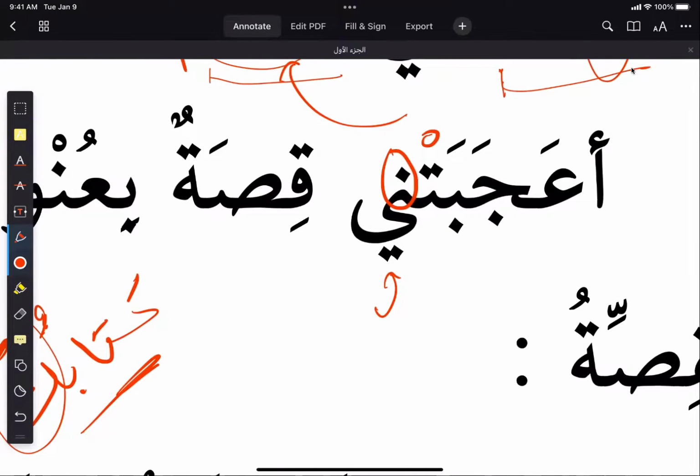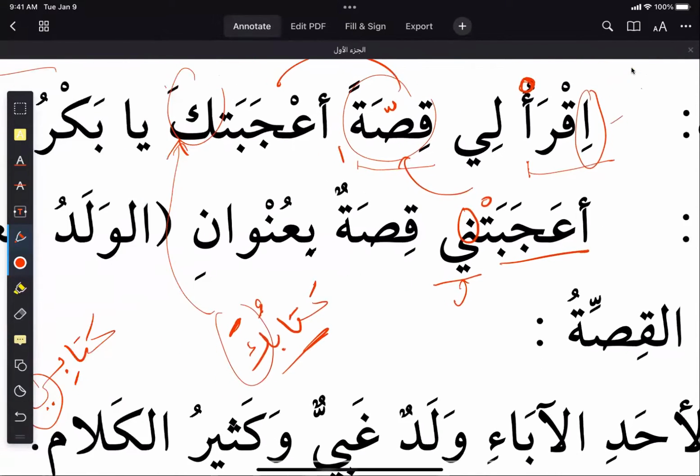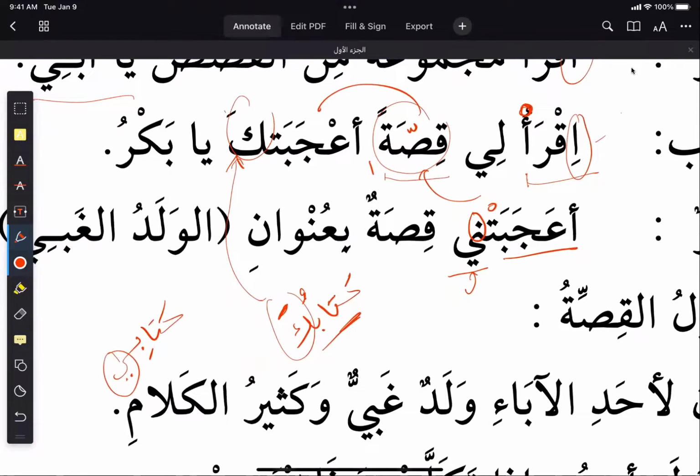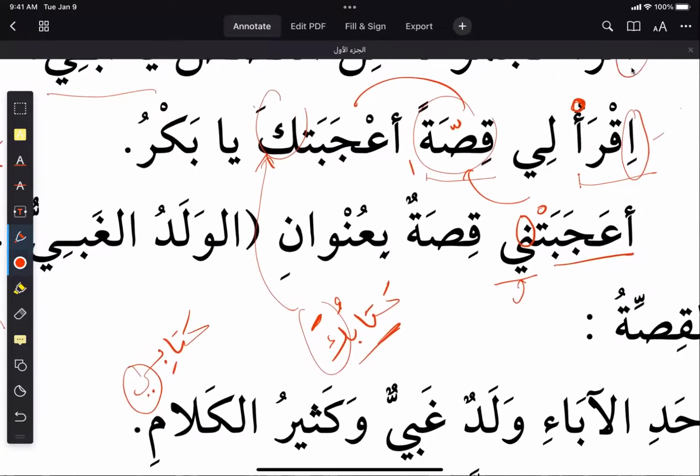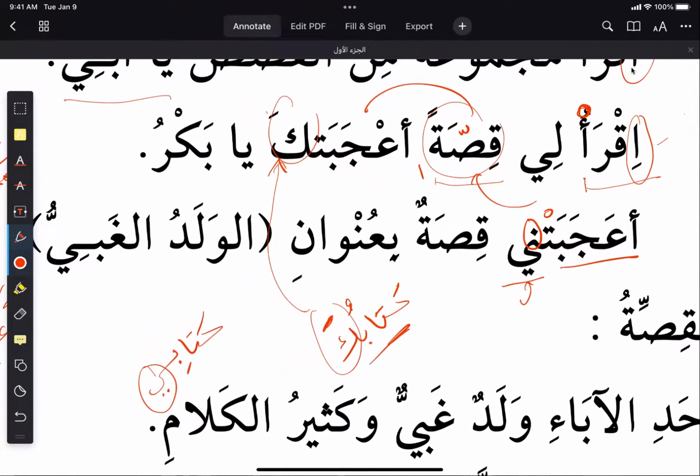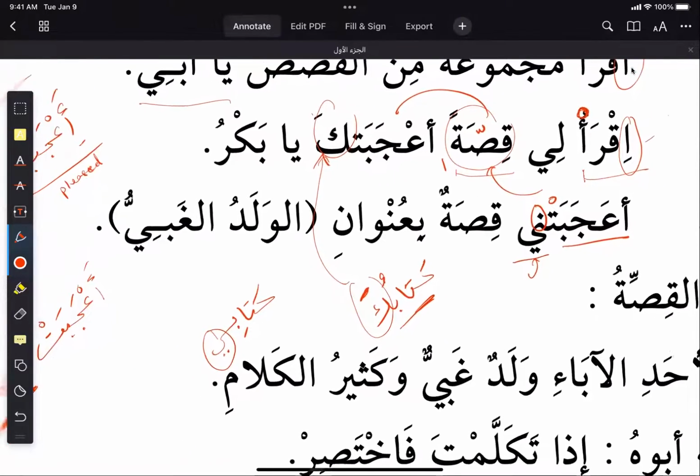So this noon is not part of the verb. This noon is not part of the pronoun. This is just a protection between them. Makes sense, guys? I didn't want to drag this one too much, but that's what it is. If it's still too complicated, don't worry, inshallah, these types of things will be coming.